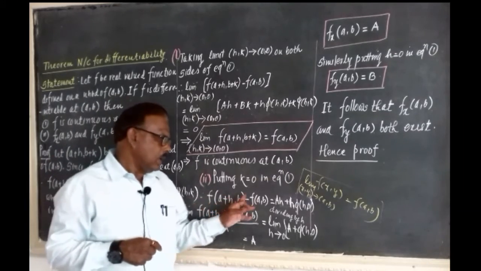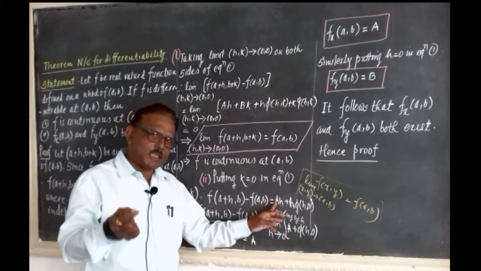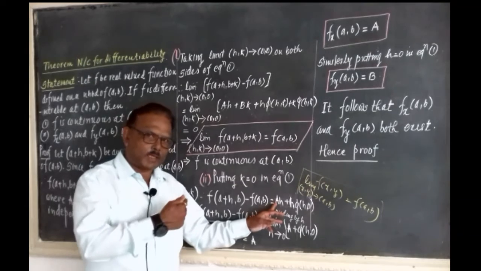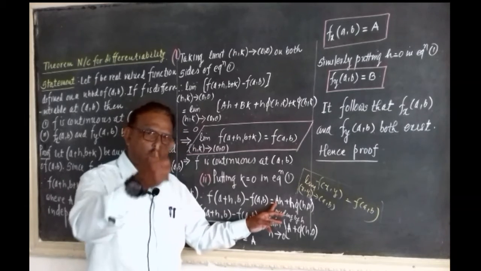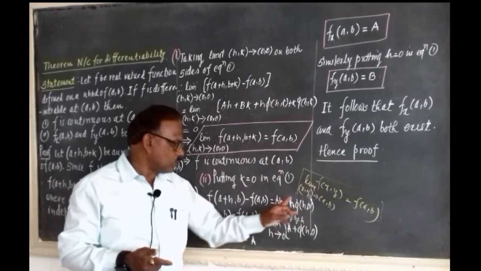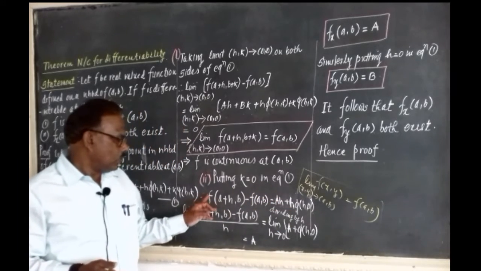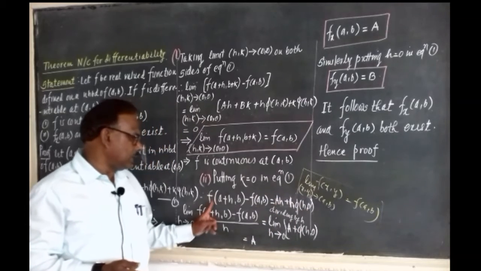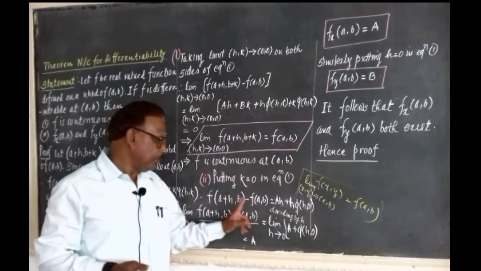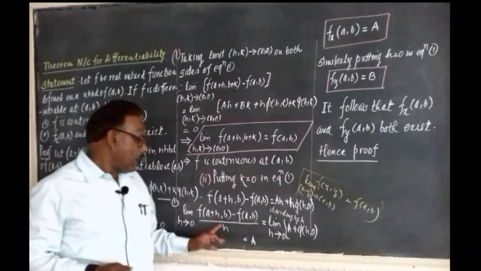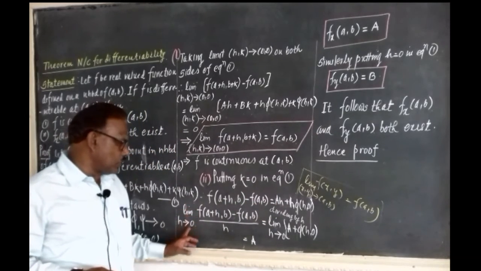On the right hand side of the above equation, h is taken as a common constant and divided on the left hand side, that is, dividing throughout by h. That means we are dividing our equation by h and taking the limit as h tends to 0.